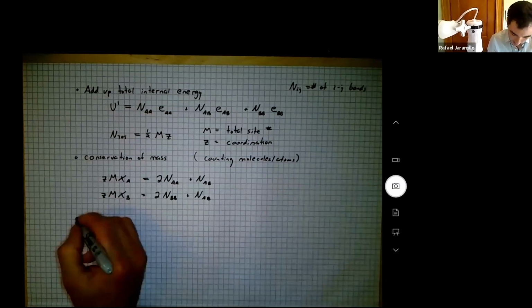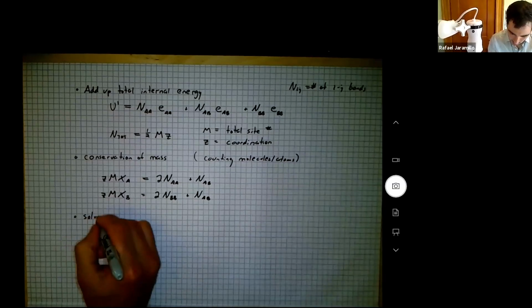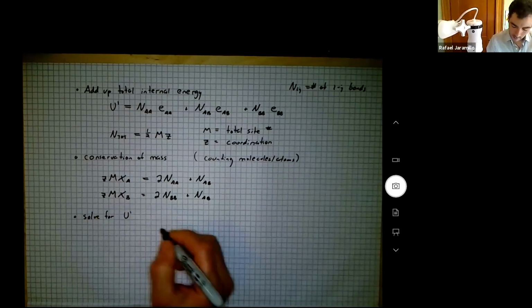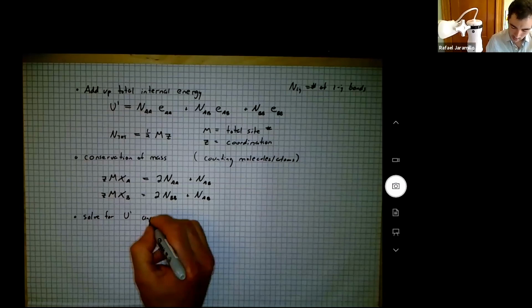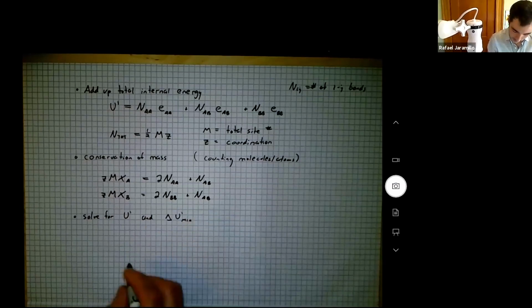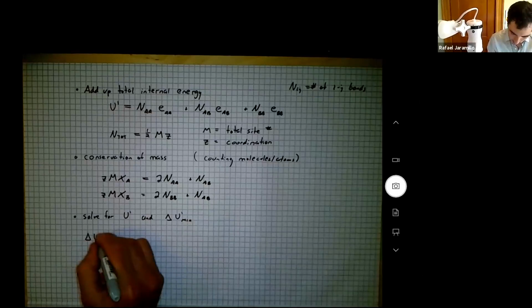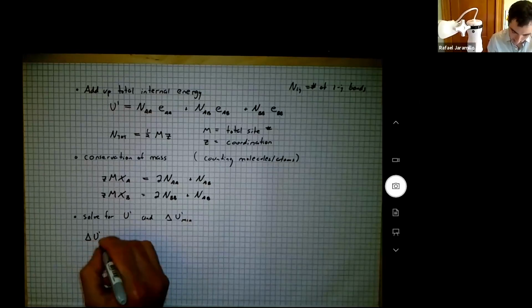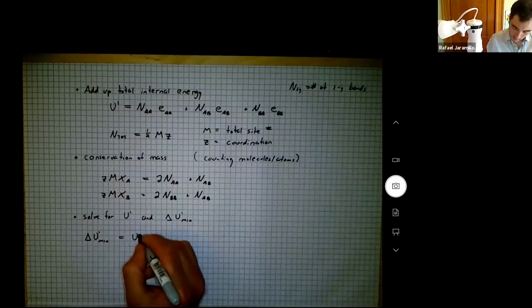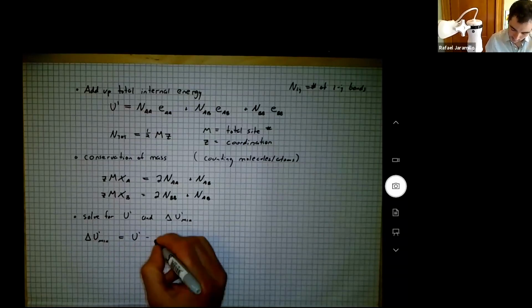And then we solve for U, and delta U of mixing. We can get this already. Watch. Delta U of mixing equals U minus the pure contribution.